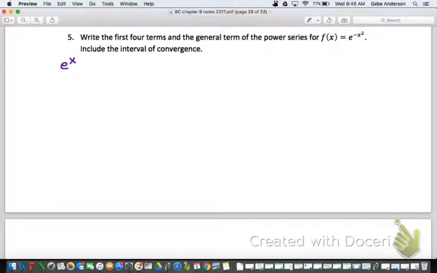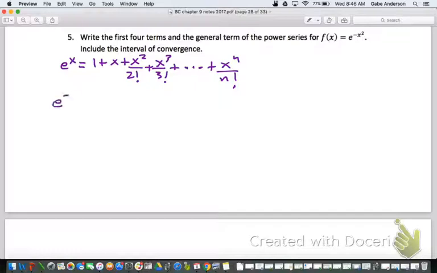So we'd say e to the x is, as a power series, 1 plus x plus x squared over 2 factorial plus x cubed over 3 factorial plus dot dot dot plus x to the n over n factorial. So then, again, this is a substitution. So, think, how could I get e to the negative x squared? Well, I'm just going to replace my x with negative x squared.